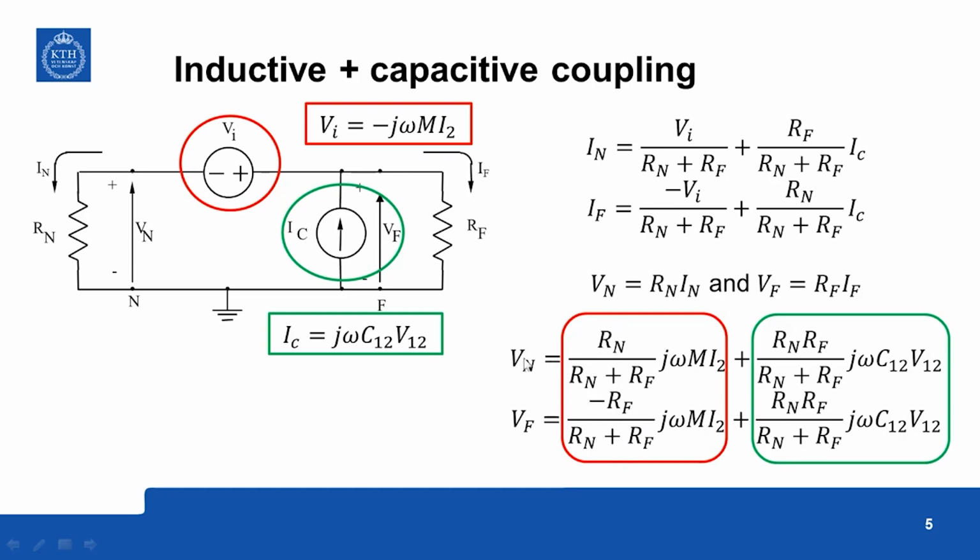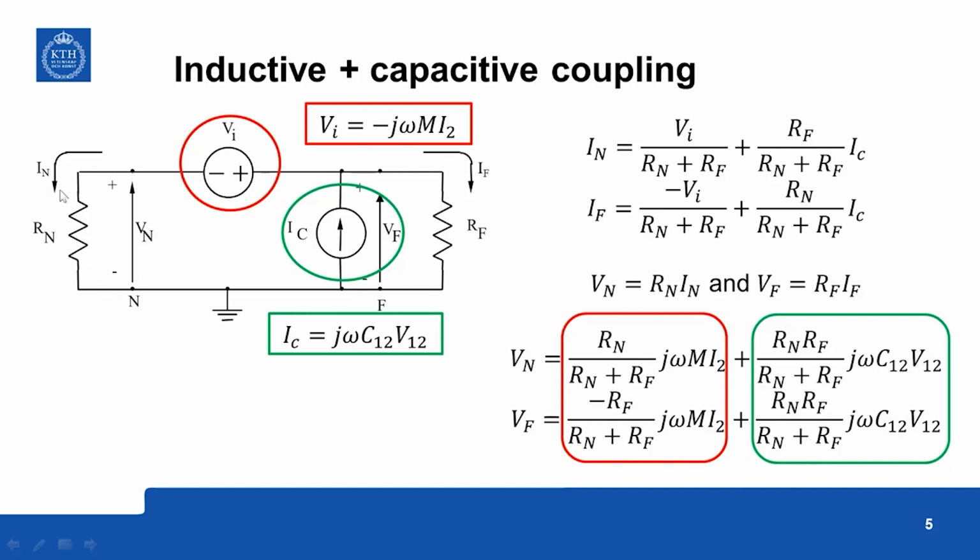Also you will see that in the near end the crosstalk voltage is higher compared to the far end, because here these two terms are cancelling, or they have opposite polarity, here it is same polarity. So near end crosstalk is higher.